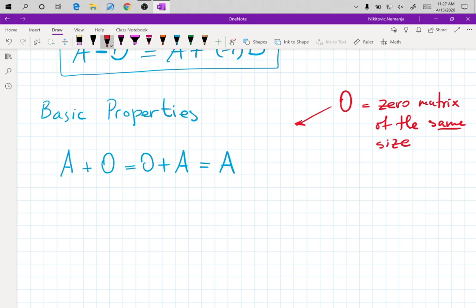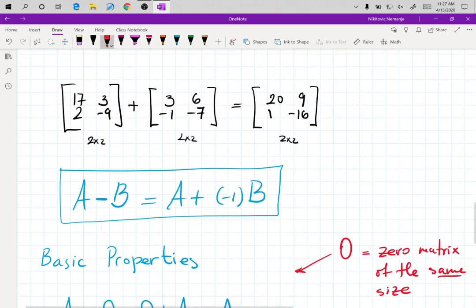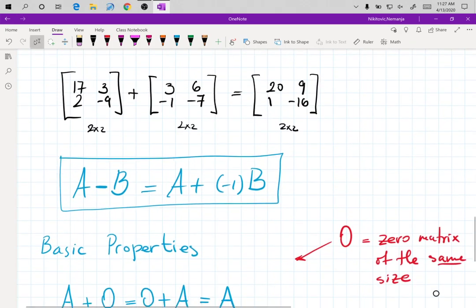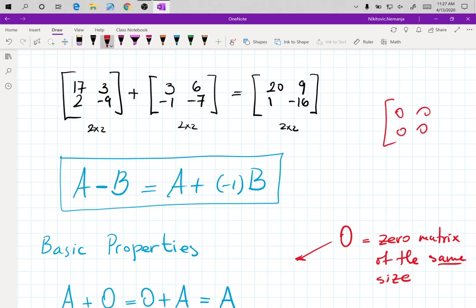So I can have a 0 matrix, which is a matrix of all zeros, right? For this one, it will be just 4 zeros in a pile, 0, 0, 0, 0. That will be a 0 matrix.